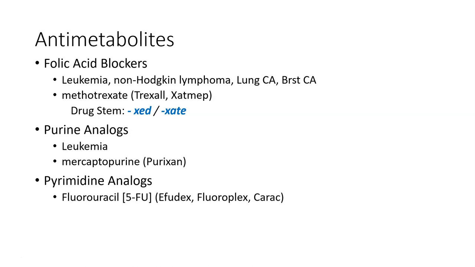This drug can be given as an IV, but it can also be applied topically for certain types of skin cancers. And we have cytarabine or tabine as the drug stem, with the exception of fluorouracil. Of course, that's going to be something different. But examples of other drugs include capecitabine, cytarabine, and gemcitabine. So just so that we see that cytarabine or tabine drug stem.